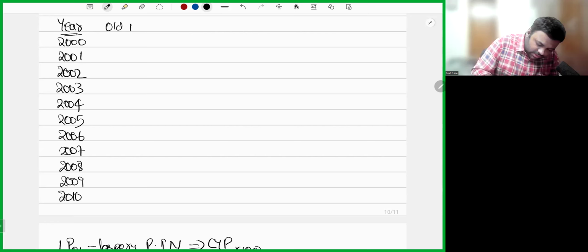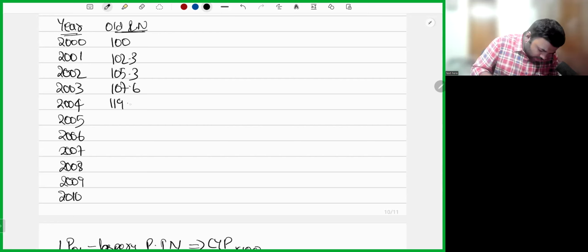Old index numbers. 100, 102.3, 105.3, 107.6, 119.9, 114.2. New index numbers.